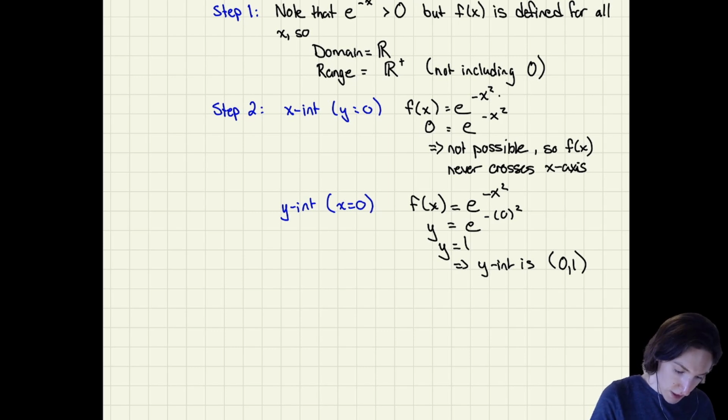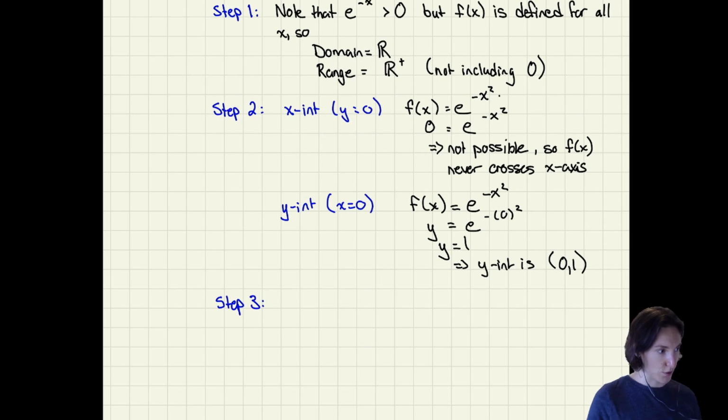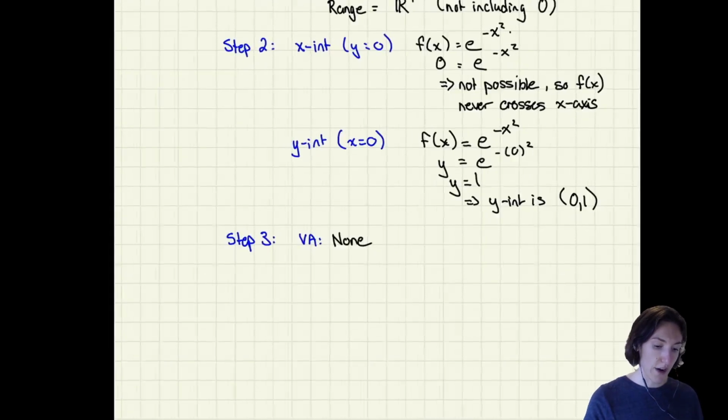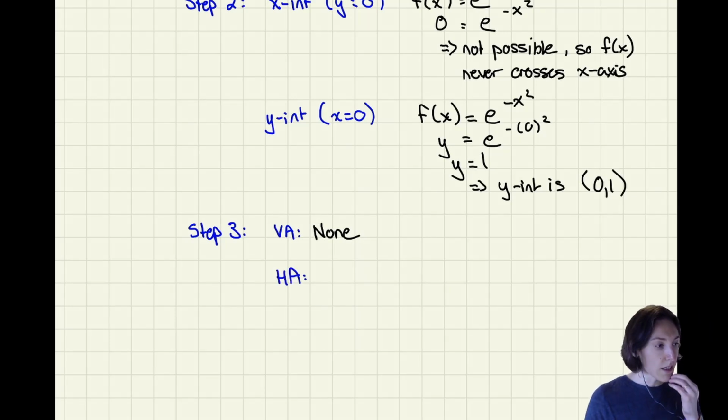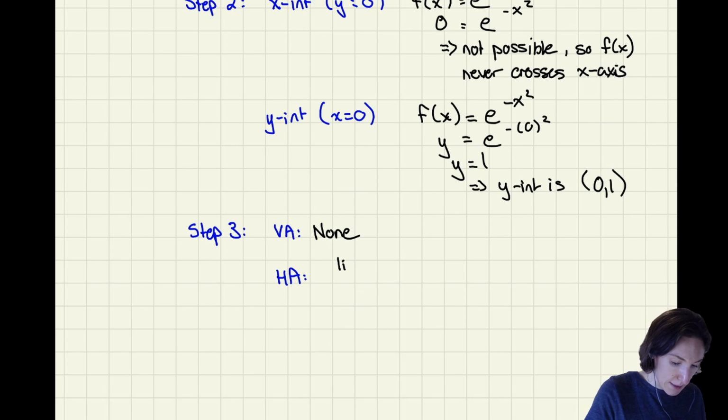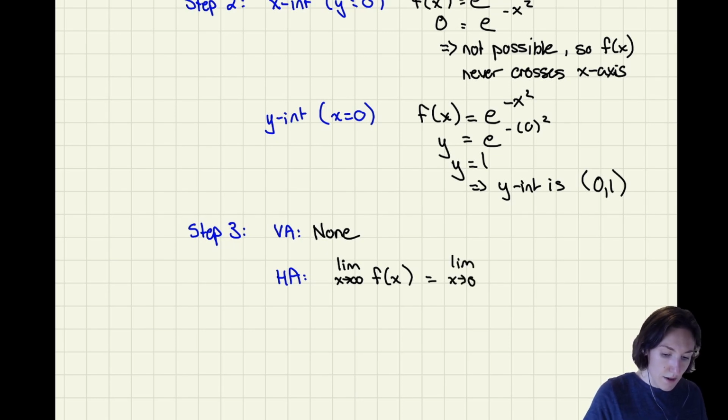Now let's go to step 3. These are asymptotes. Do we have any vertical asymptotes? No, we don't. We don't have a denominator. This is not a rational function. So no vertical asymptotes. Now let's look at horizontal asymptotes. To do these, we look at the limit as x goes to infinity of f of x. So I'm looking at the limit as x goes to infinity of e to the negative x squared.